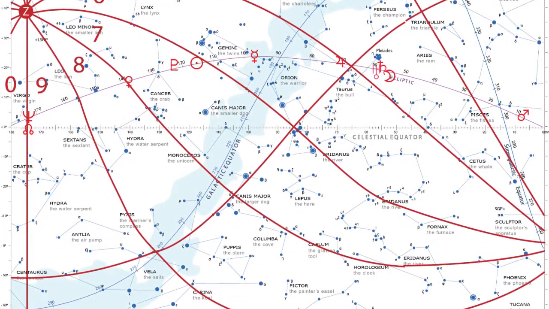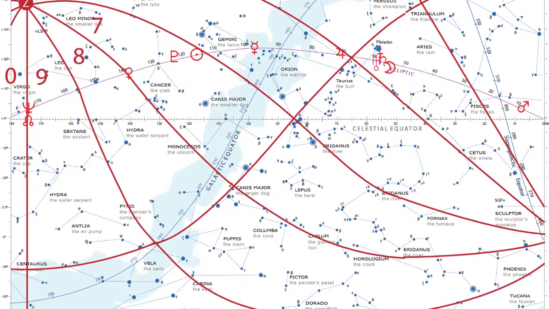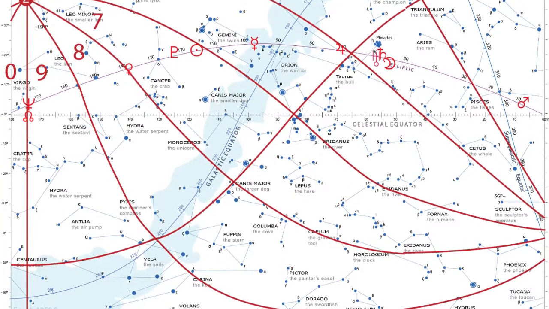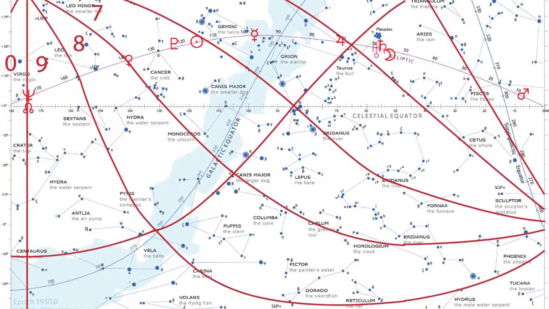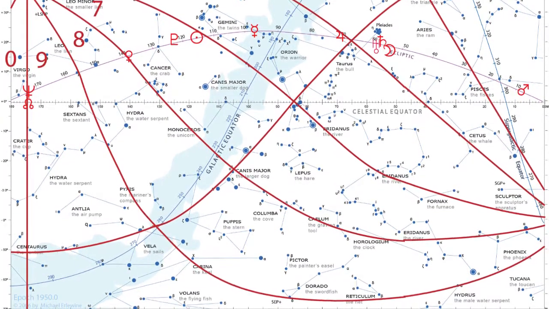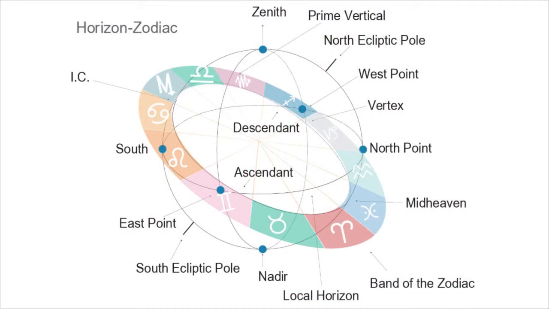Then something very important began to occur to me. I began to see that the horizon itself was more than just 12 house cusps, which would be just 4 degrees in the whole 360. It was a complete circle in itself, just as the zodiac is, a circle that stretches a full 360 degrees around the heavens.